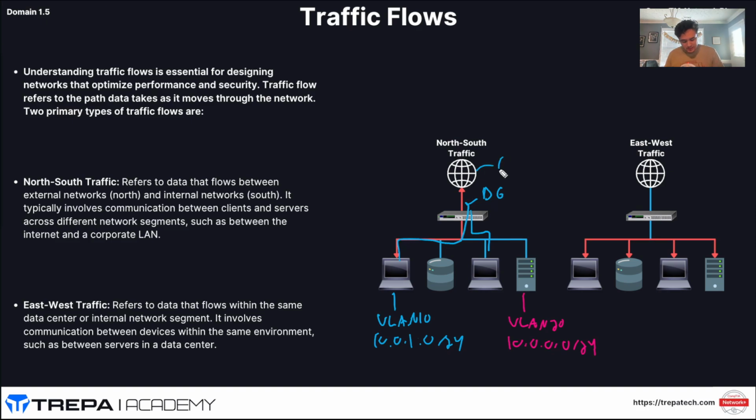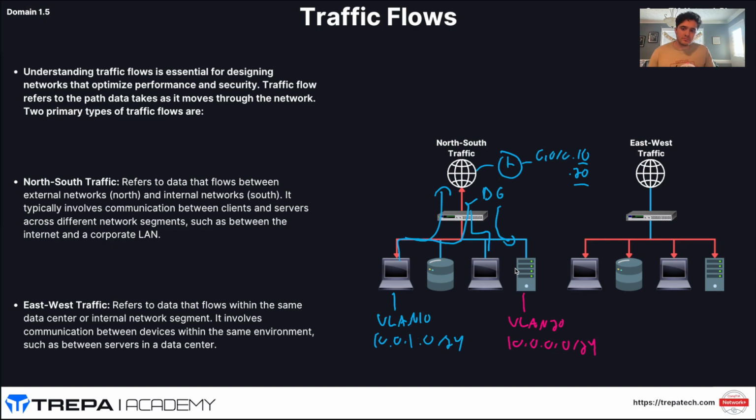This could be representing a router that has sub interfaces doing that network segmentation for our traffic. So when I'm a user in VLAN 10 and I have to talk to VLAN 20, a different broadcast domain, a different network, I send traffic to the default gateway north, and it routes it back down south. And that's where we apply security policy, right?